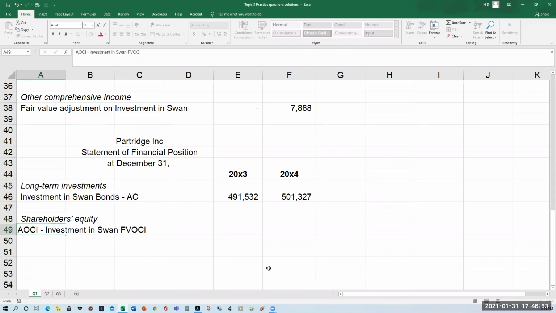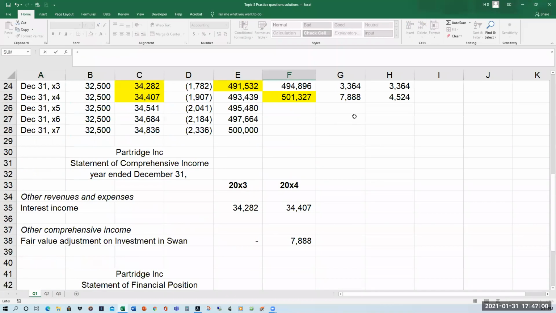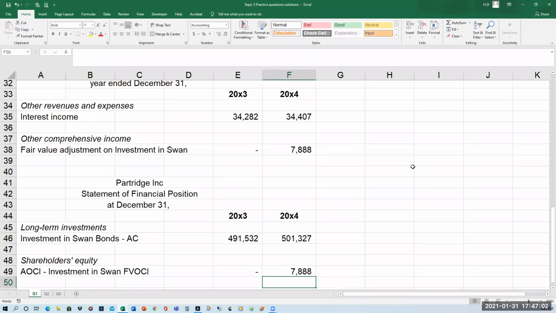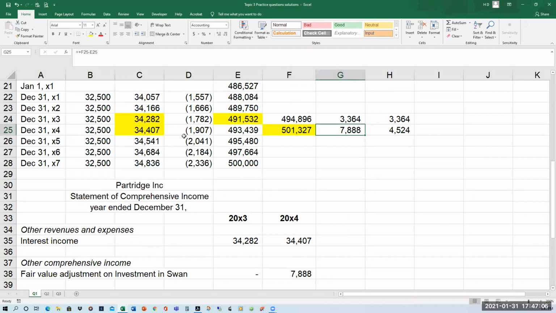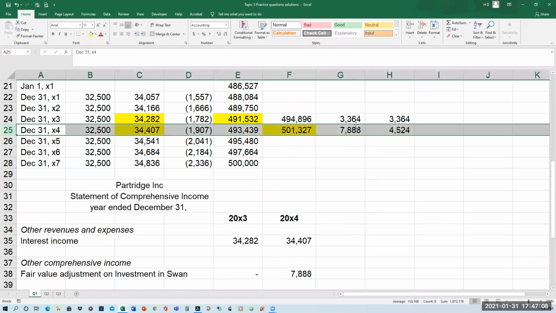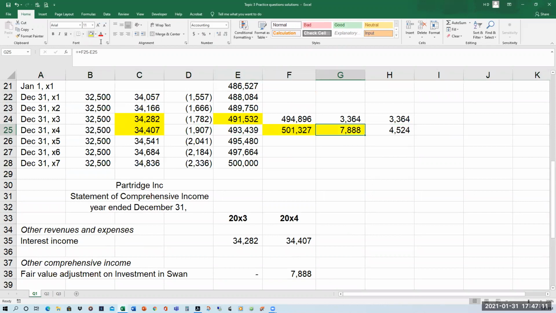It's fair value OCI. We report $7,888 because that is the accumulated other comprehensive income balance at the end of year 4. That number goes, and as far as the statement of comprehensive income is concerned, these two amounts basically add up to $7,888.